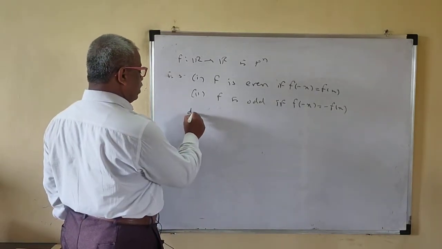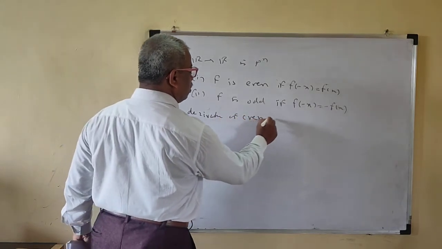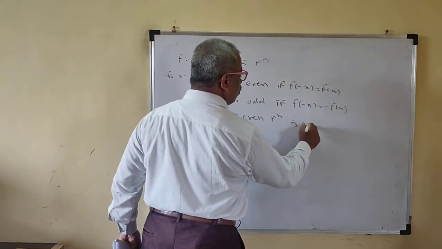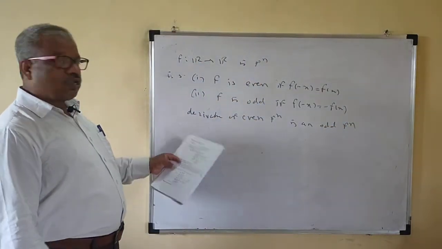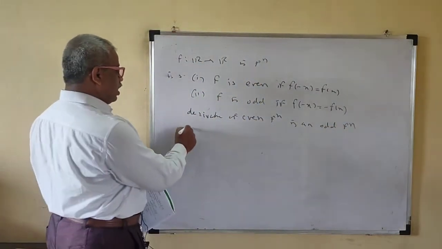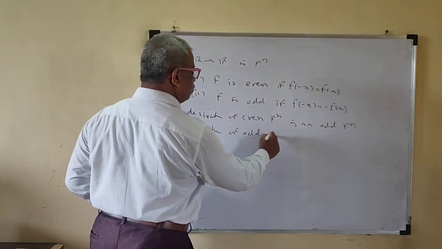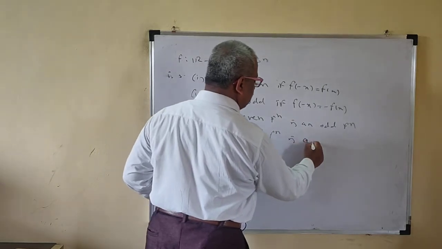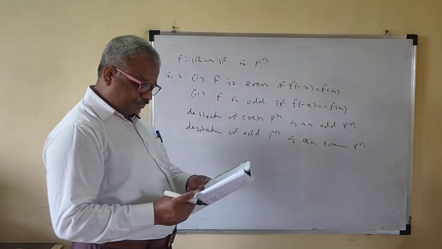The derivative of an even function is an odd function, and the derivative of an odd function is an even function.